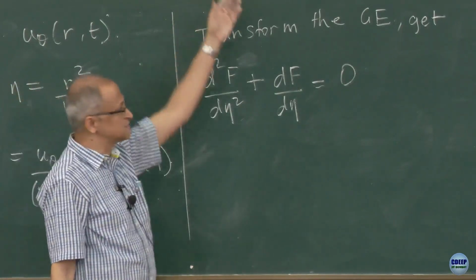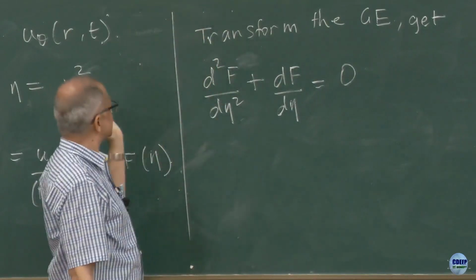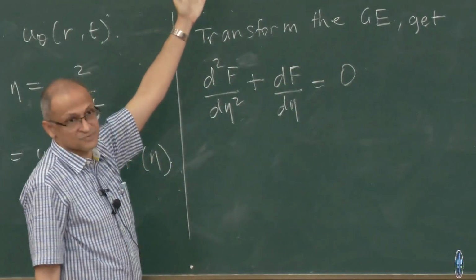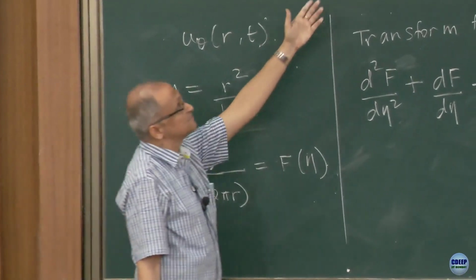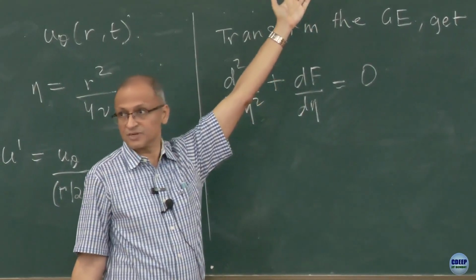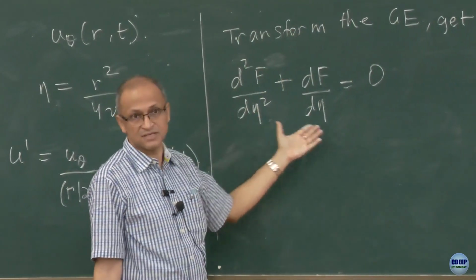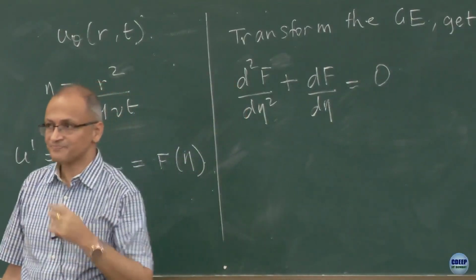Just remember why we are getting different things here when we are starting off with apparently everything the same: there are subtle differences in how we have written our similarity variable, and there are subtle differences in the governing equation that we have. Both of these two things will change the equation that we see after transforming.